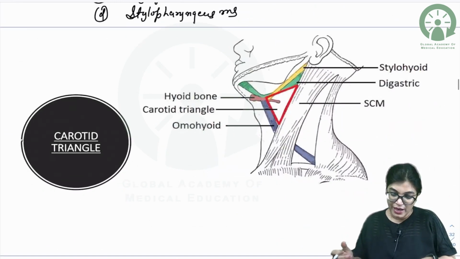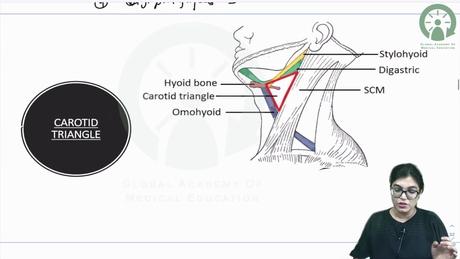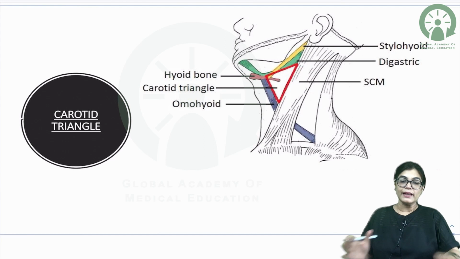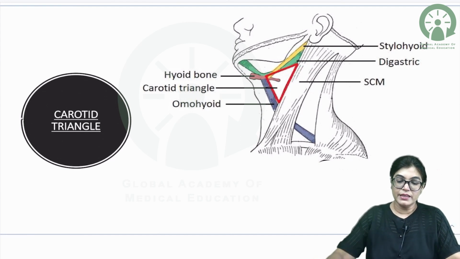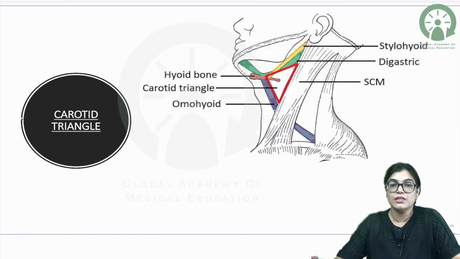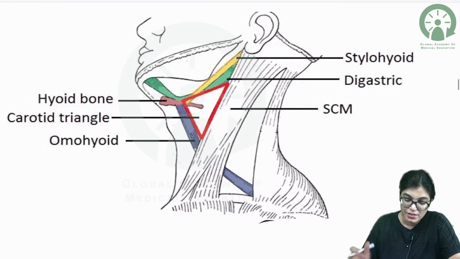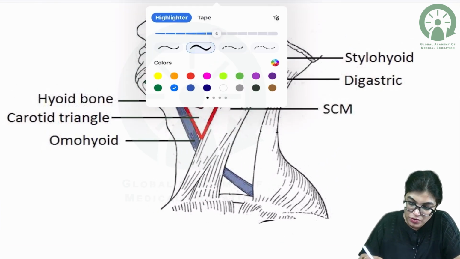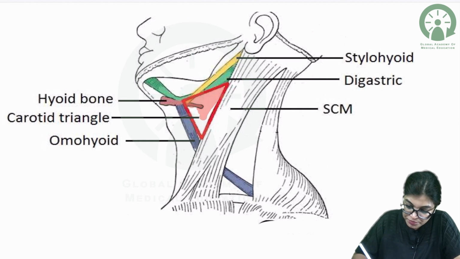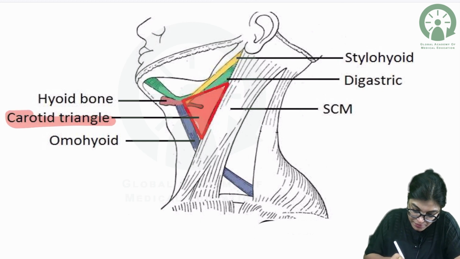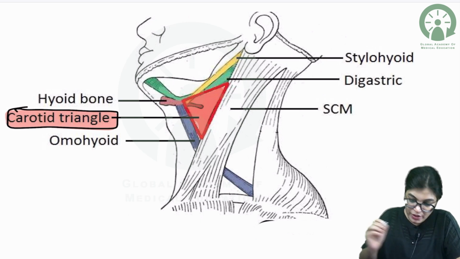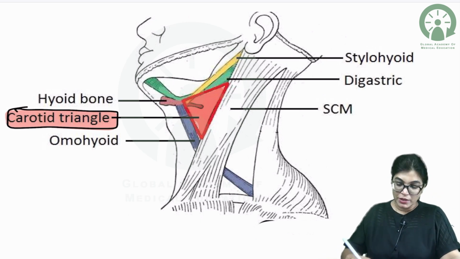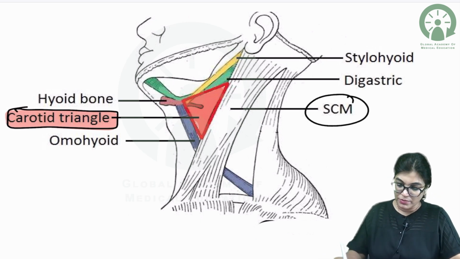Now the next triangular space is the carotid triangle, which is shown in this image. Carotid triangle is an important triangular region which is bounded by, so let me just enlarge this. I would just like to show this carotid triangle in red color. This is a carotid triangle. So it is bounded posteriorly by sternocleidomastoid muscle.